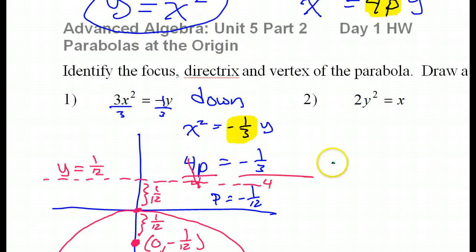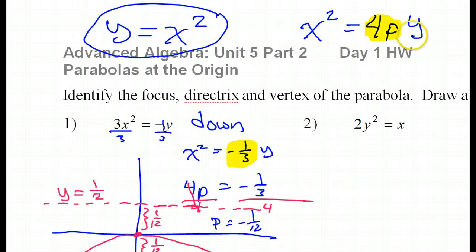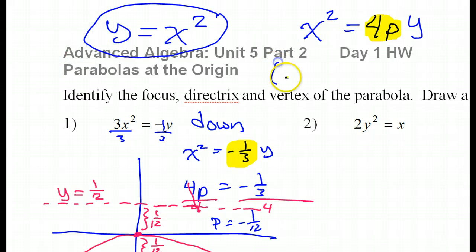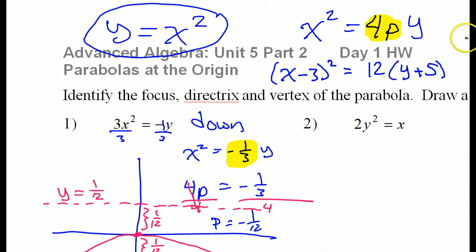By the way, like I said, this is the general model when the vertex is at the origin. In the next lesson, you're going to be seeing equations that look more like this. For example, x minus 3 squared is equal to 12 times y plus 5.